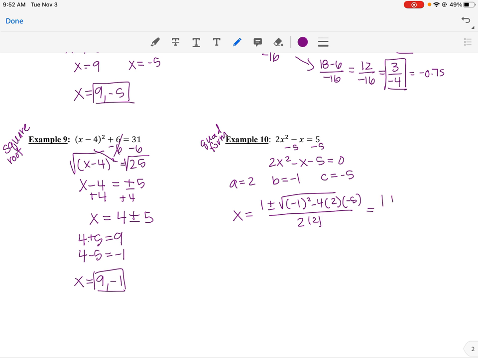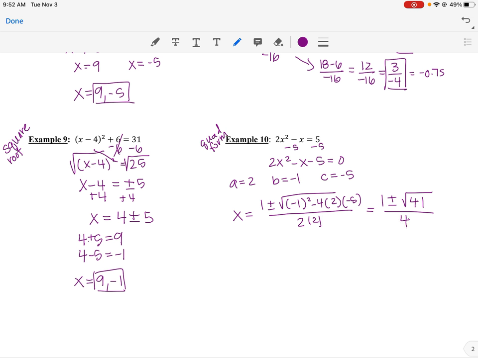So we get 1 plus or minus the square root of, let's see what that is, negative 1 squared minus 4 times 2 times negative 5 is square root of 41. Okay, I actually lied here. The factoring would not have worked out for us. Okay, all divided by 2 times 2 is 4.